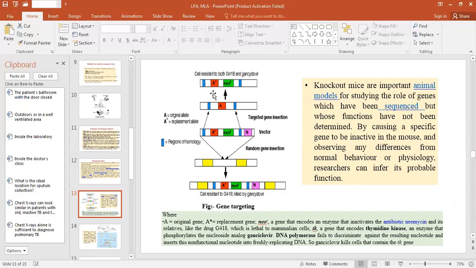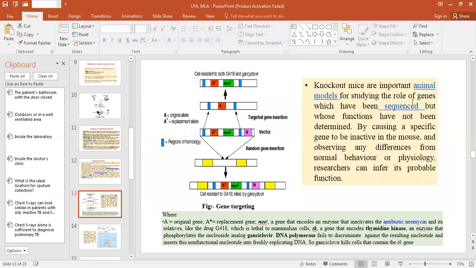This is the original allele: A is the original allele, and A star is the replacement. Now we are targeting this gene, replacing it with a new DNA sequence.